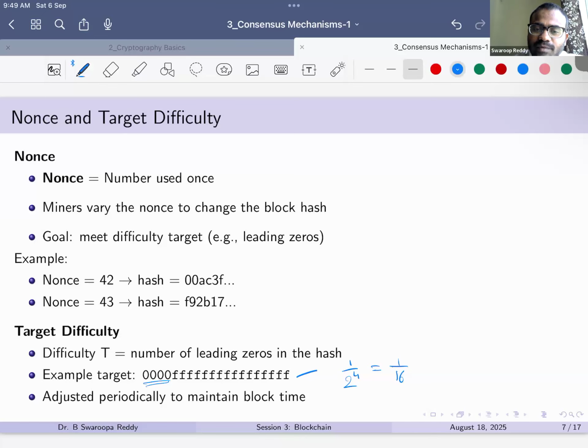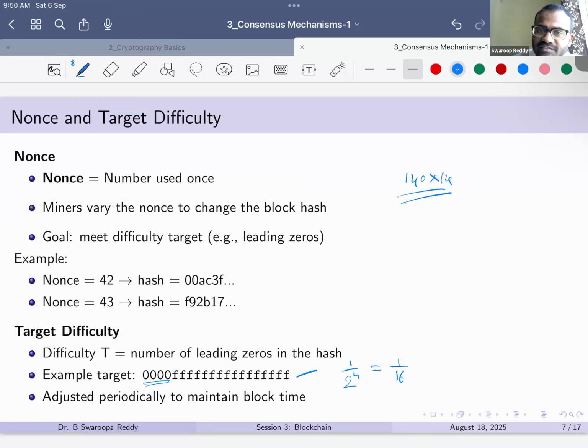So this t value will be periodically changed, such that it takes the average of the blocks for the 2 weeks. Every day it will generate around 140 blocks, so 140 blocks per day into 14 days.